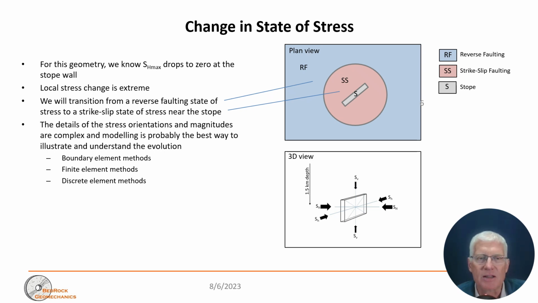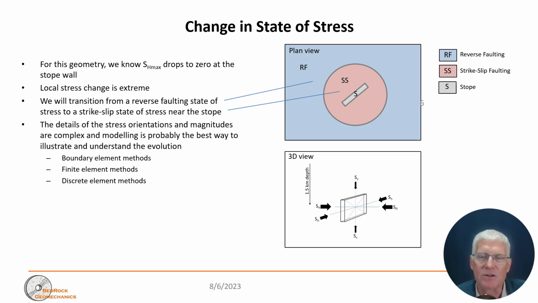So the details of the orientations and magnitudes are complex and not necessarily easy to understand. Some kind of modeling is probably the best way to illustrate and understand the evolution. Boundary element methods, finite element methods, and discrete element methods can all be used to give you a better picture of what the stress orientations are and how big the area is where the state of stress is changed in this extreme manner.